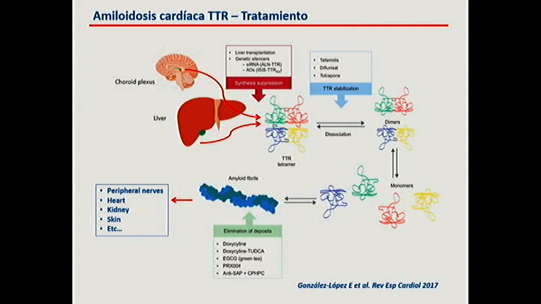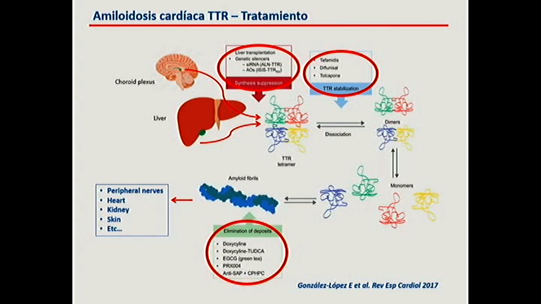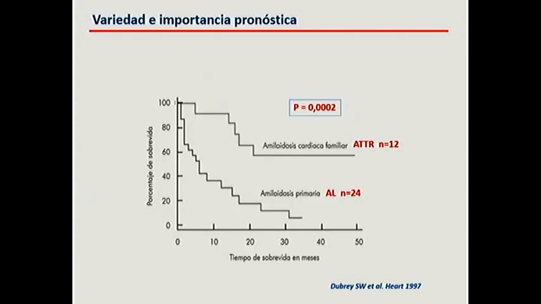So this is very important because all these therapeutic measures are used for TTR amyloidosis. So it's very important that we are able to distinguish between the subtypes of amyloidosis, and see that this is also related to the prognosis of the patient.